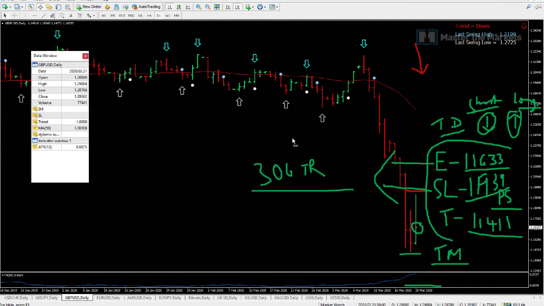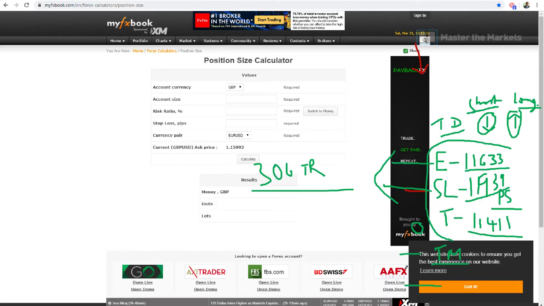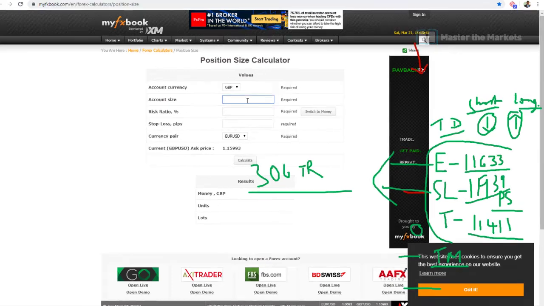Once you have done all of that, you can go online to find out how much volume you need to put into your order ticket. To do that, you go to a position size calculator. This is the MyFXBook position size calculator. You can just punch that into Google, or put in this URL. You'll come to this dialog box where you put your account size.